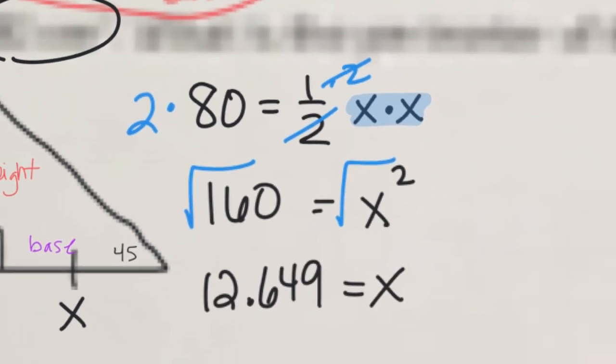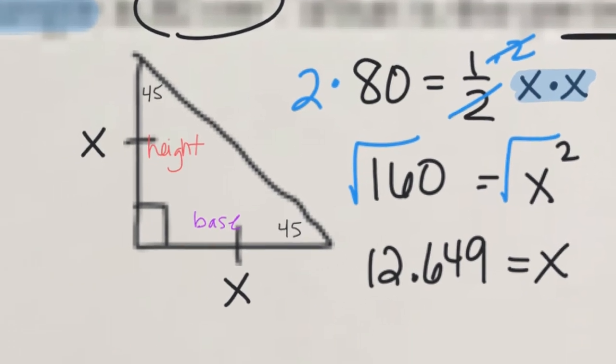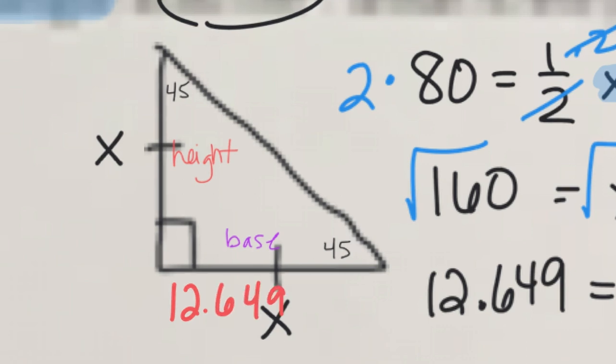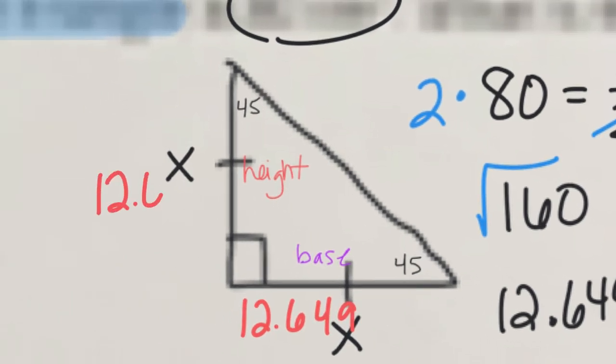And if I want the perimeter, I have to add up all 3 sides. So that's the side of 12.649 and another side of 12.649. But what about the hypotenuse? Times root 2. Multiply your side by root 2. And if you don't remember that, then you can always just use Pythagoras.